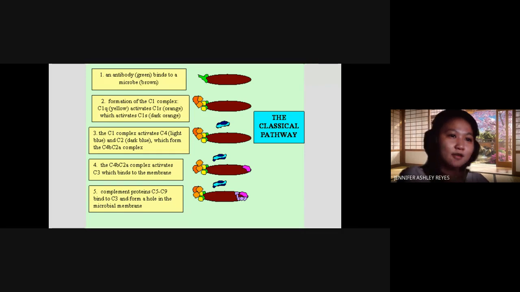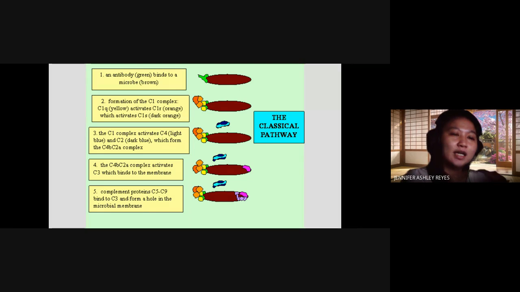Sige. Ulit, C1 naging C1 complex yung QRS, tapos yung presence niya will serve as an enzyme that will cleave or activate C4. Pagkatapos ni C4, ma-activate siya, ang kukunin lang natin para mag-bind is si C4b. Tapos si C4b will activate C2.